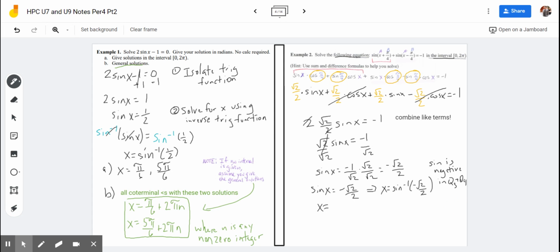So therefore, we're going to be at 5 pi over 4, because pi over 4 units below pi, on the negative x side. And then on the positive x side, we would be at x equals 7 pi over 4. Right. So those are our two solutions for example 2.